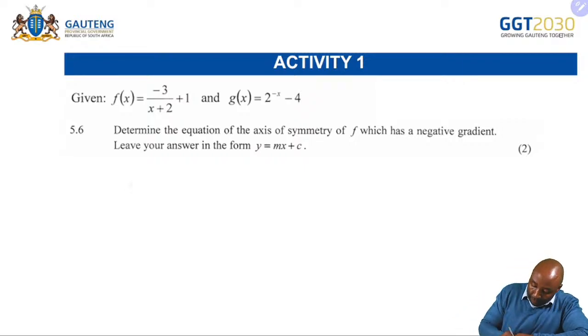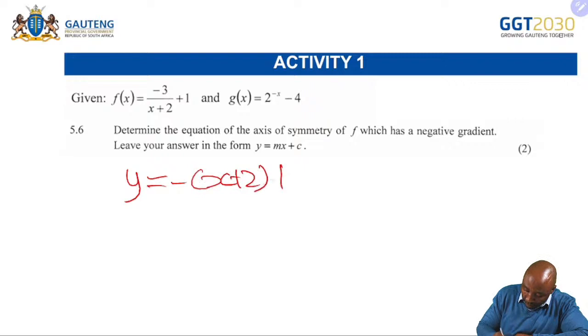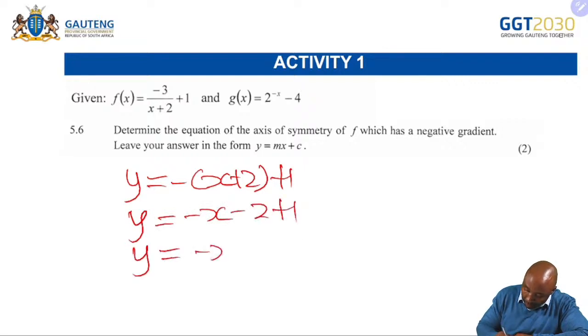It will be given by y is equal to negative x plus 2 plus 1, and that will give us y is equal to negative x minus 2 plus 1, giving us y is equal to negative x minus 1.